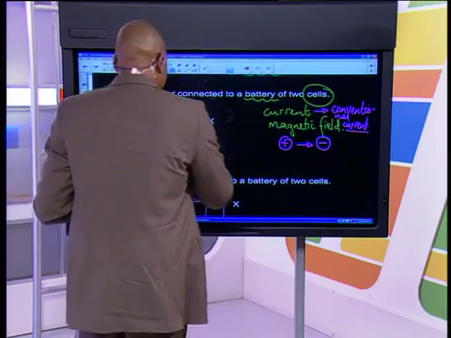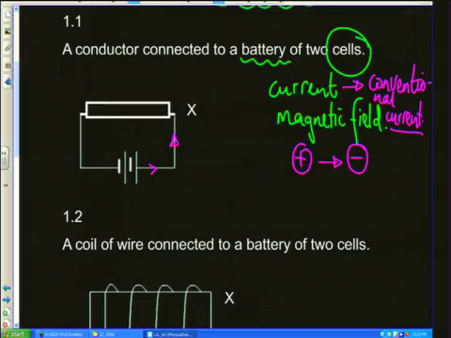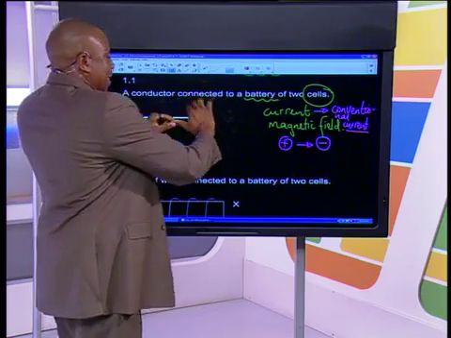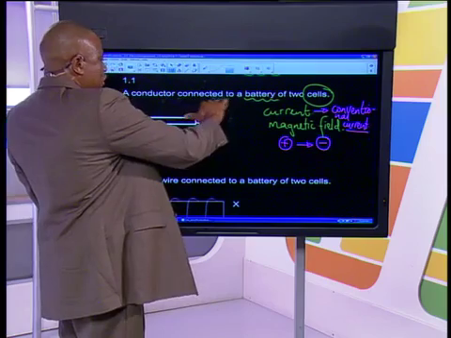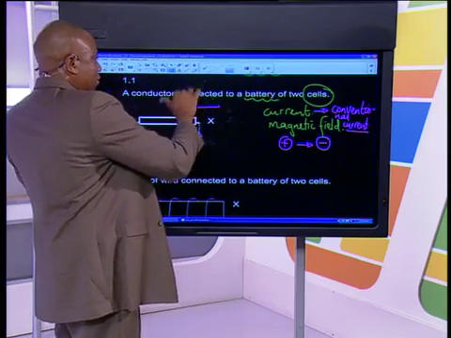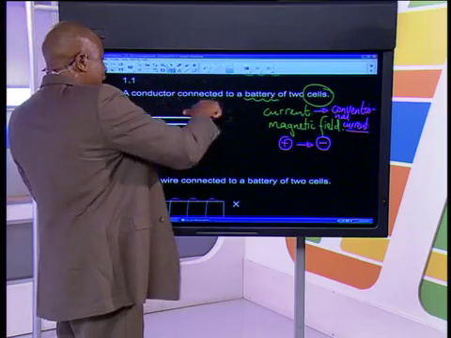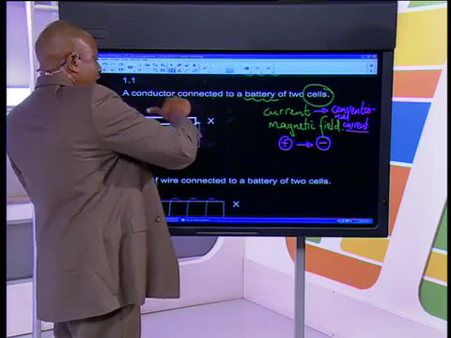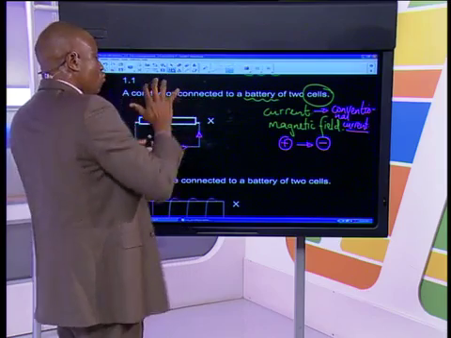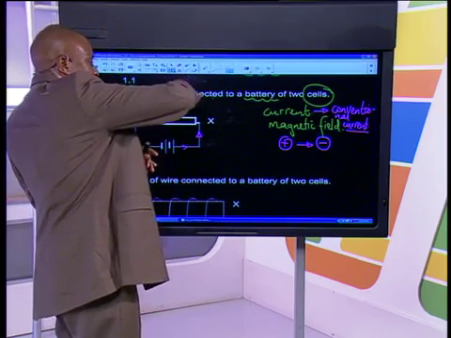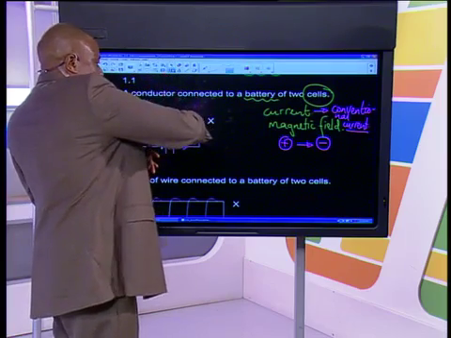So in this case, I do want you to see my hand. This thumb is pointing in the direction of current, and my curled fingers will go over the current carrying conductor.